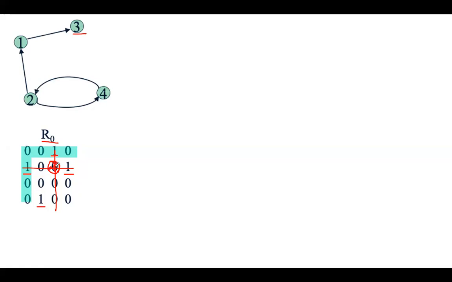According to the algorithm, at this point it will become 1. So the new matrix will be like this. The remaining ones will be as they are and will not change, but at this point it has become 1.